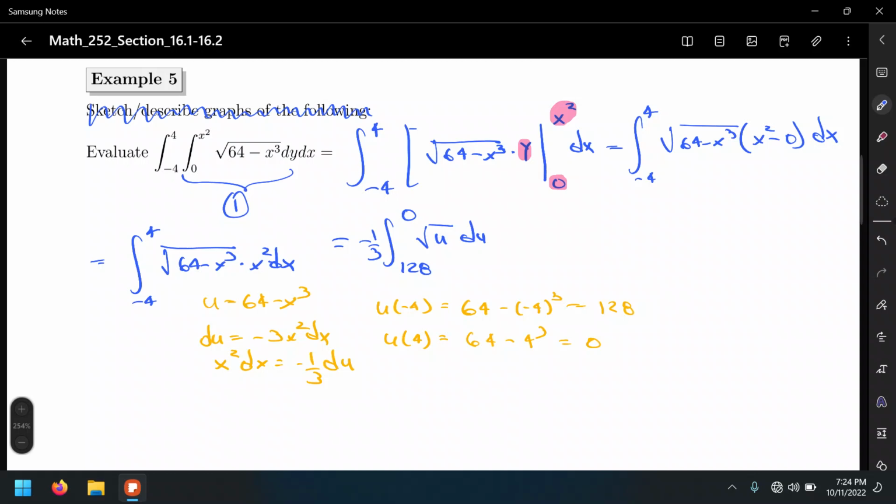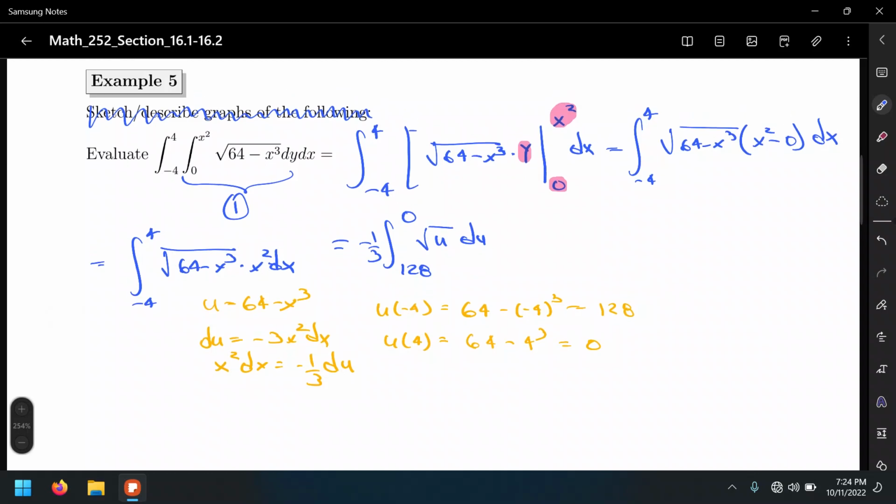Many students freak out when changing the limits of integration to the world of u, because check this integral, the lower limit is a larger number than the upper limit. When students see this, they're like, wait, hold on, that looks weird, maybe I did something wrong. No, that's fine. That's very common when doing a u substitution with limits.